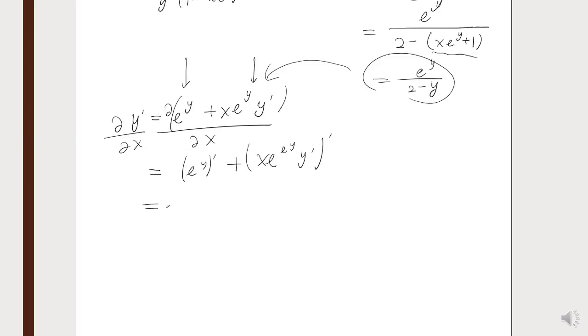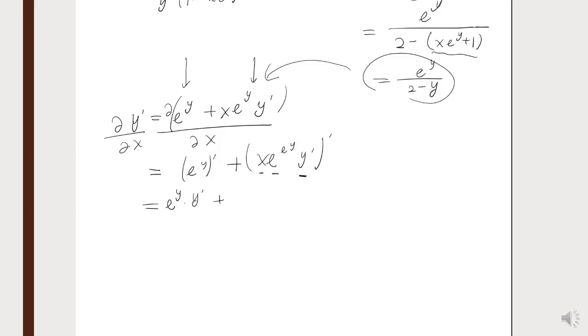It's an exponential function, so we can simply write it down as what it is. But don't forget, because y is actually a function of x, this is actually a compound function's derivative. So we have to add the y prime here. Okay, in this one, we actually have 1, 2, and 3 items within.